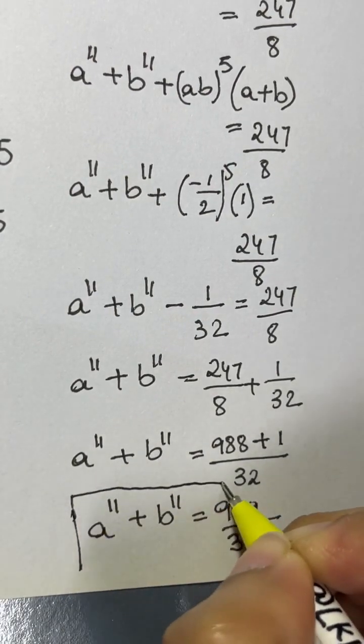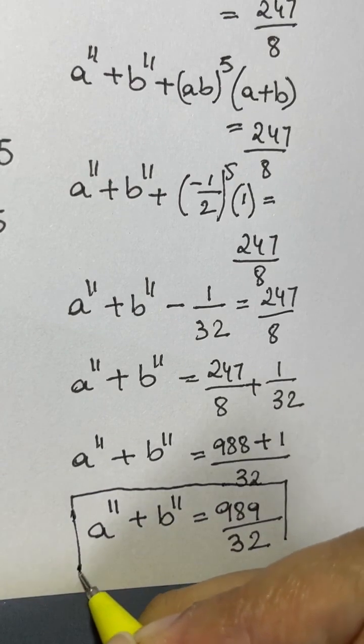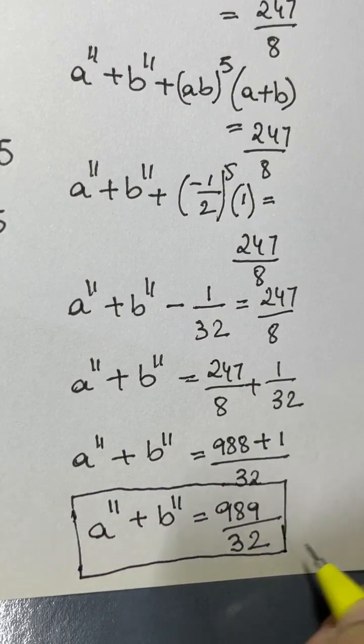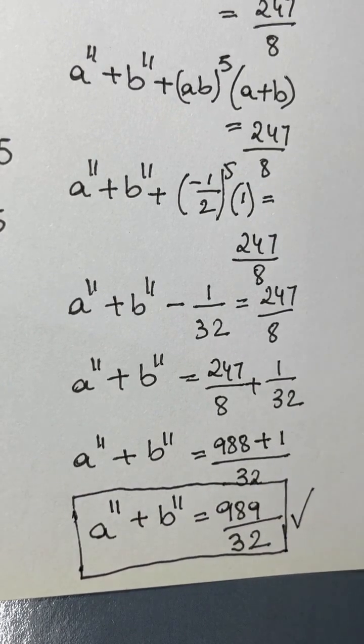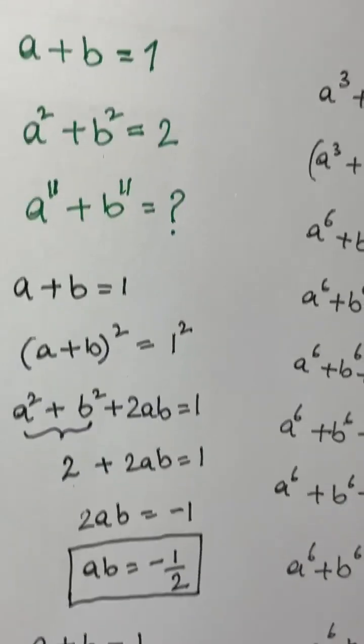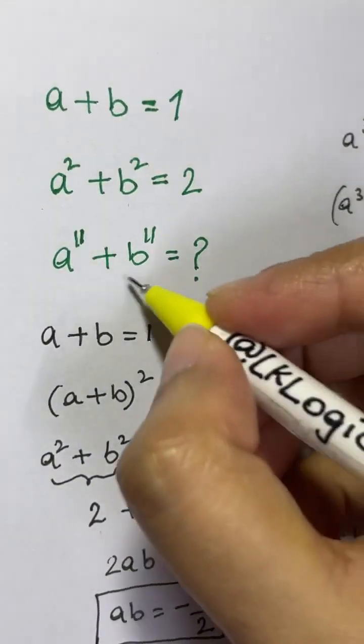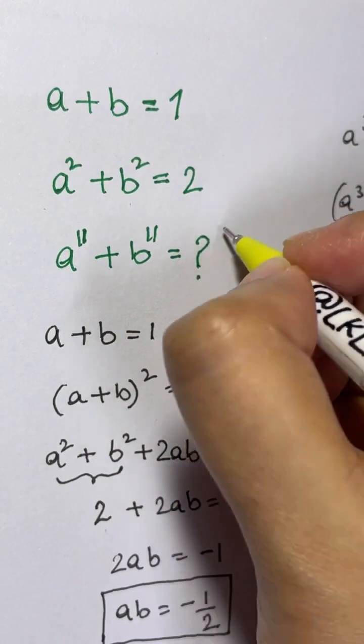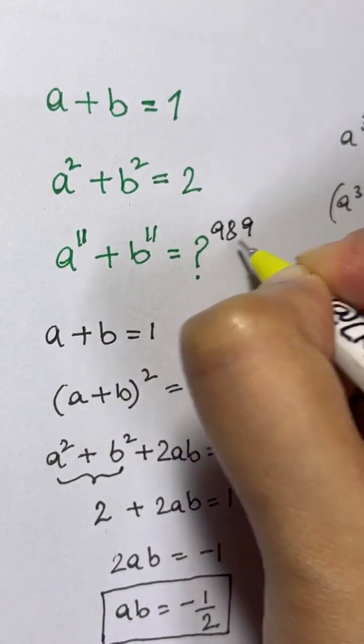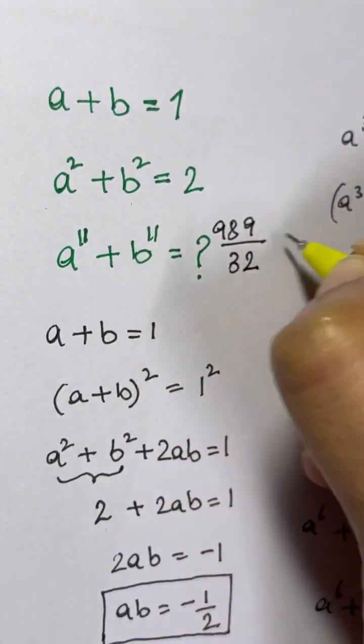Finally, you have reached your answer. This is your answer. 989 over 32. So that's what we had to solve for: a to the power of 11 plus b to the power of 11 is 989 over 32.